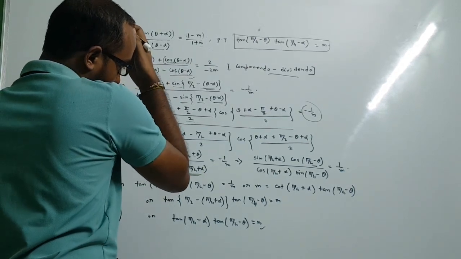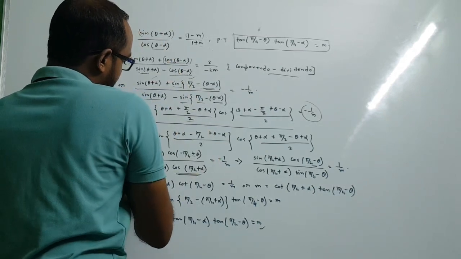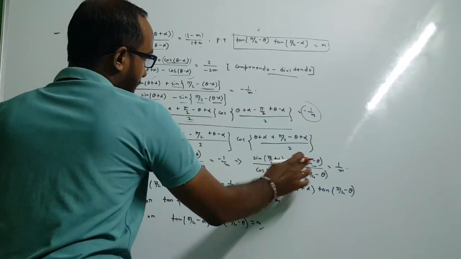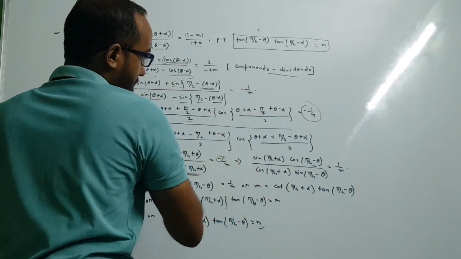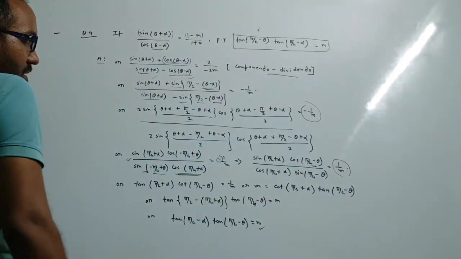So you will get minus of sine of theta minus pi by 4. This minus and we have minus here, this minus and this minus will cancel out, so you will get plus 1 by m here.